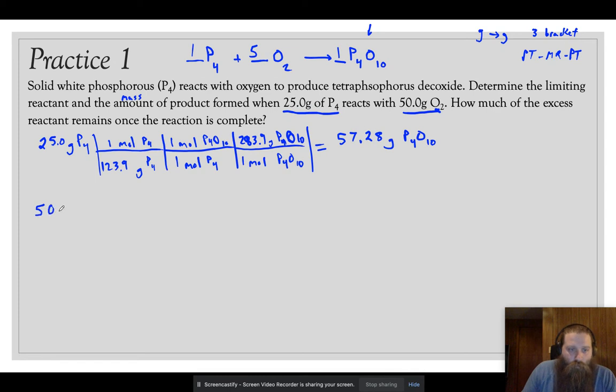We have 50.0 grams of O2. We're going to set our brackets up the same way. So O2 is 31.998 grams of O2, right? 2 times 15.999 grams per mole of O2.